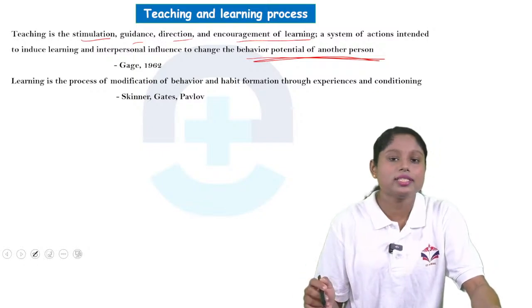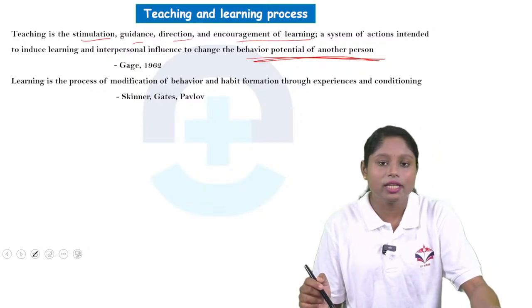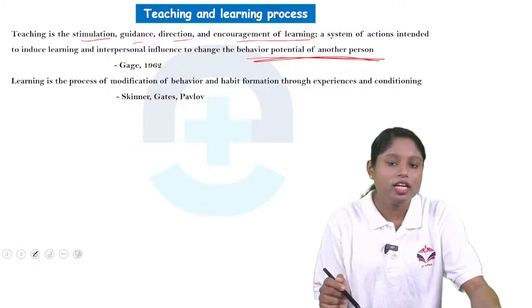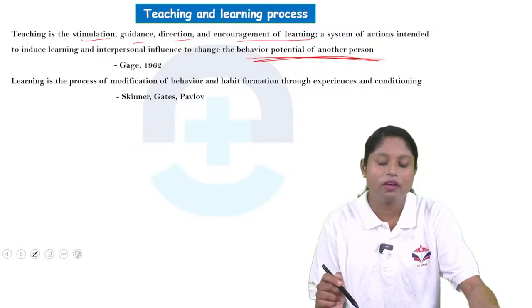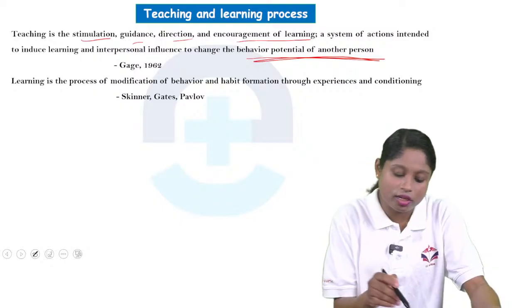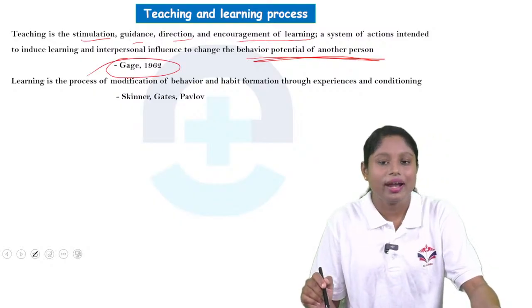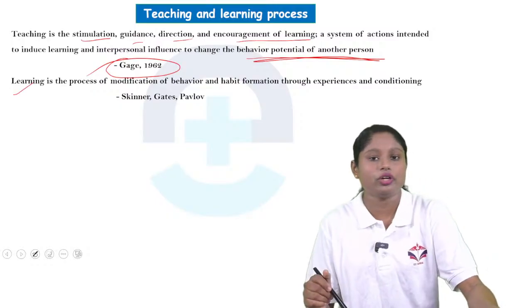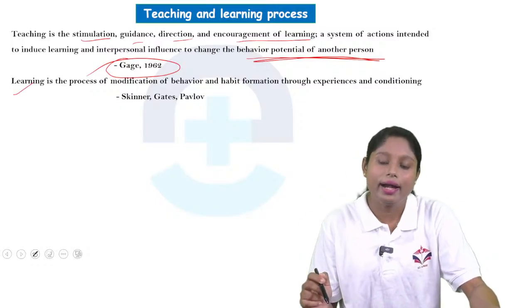So teaching is a stimulation, guidance, direction and encouragement of learning, a system of actions intended to induce learning and interpersonal influence to change the behavior potential of another person. This is defined by Gage in 1962. So next is learning. That is the definition for teaching. Now we will discuss the learning definition.